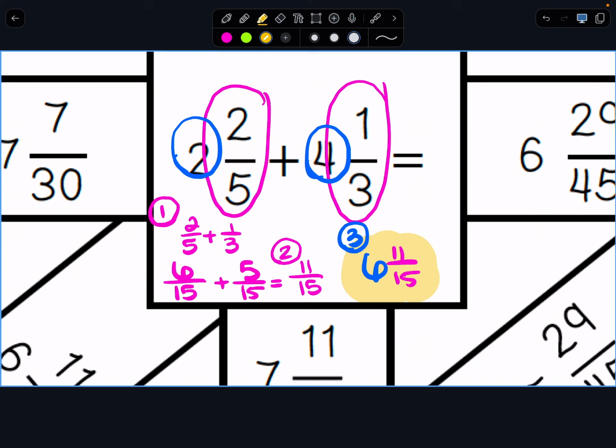Now, I understand a lot of things. I understand that there are calculators out there that can handle mixed numbers very, very easily. But here's the issue. While I will let you guys use calculators probably the majority of the school year, you will not be allowed to use calculators as much next year in IM2.